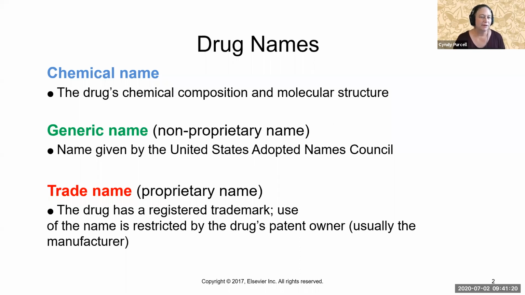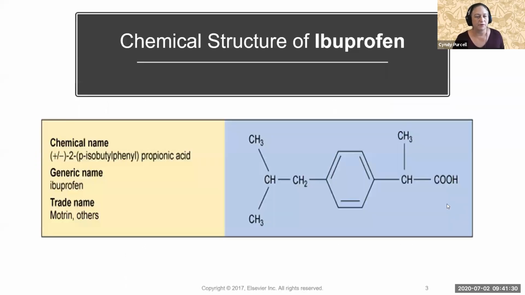So drug names can be chemical, generic, or trade. A chemical name is the name that shows the drug's chemical composition and molecular structure. A quick example is on this slide, and you can see how clumsy it would be if we had to write out this structure every single time we had to write the word ibuprofen, or say the chemical name of plus or minus 2-p-isobutylphenol propionic acid.